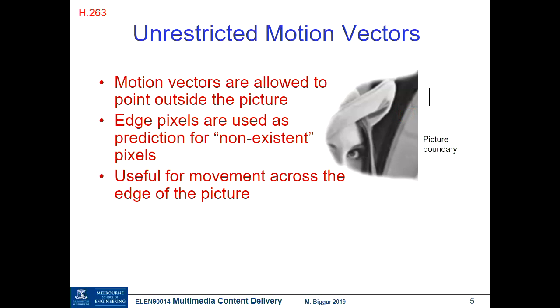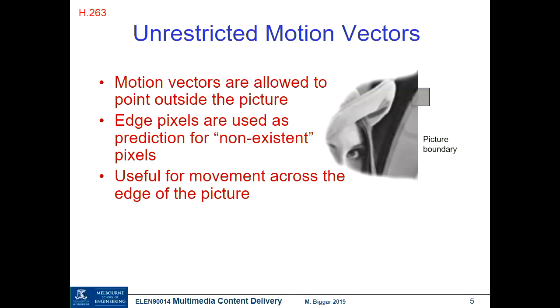But traditional motion compensation would say, well, no, you can't, because you're trying to pull pixels out from outside the frame boundary. But this concept of unrestricted motion vectors allowed you to just interpolate, or actually fill in, using the edge pixels to fill in that array.